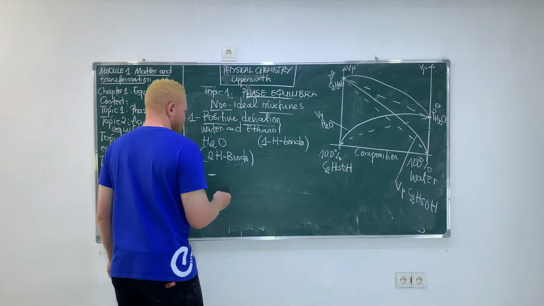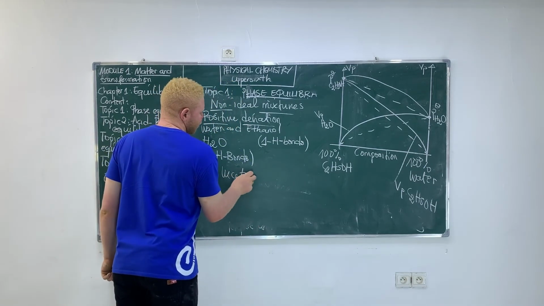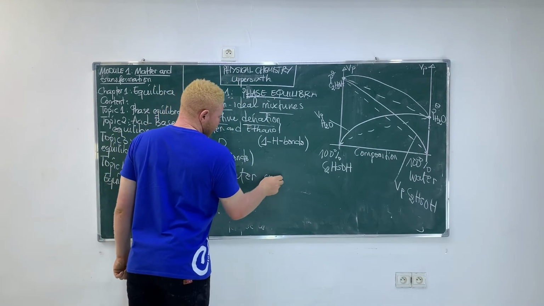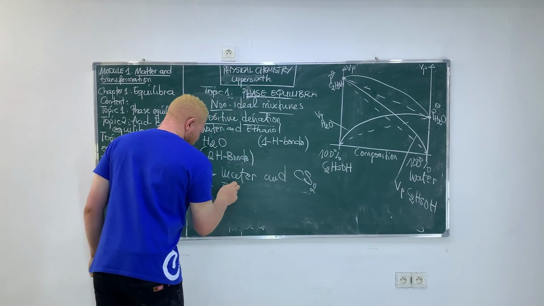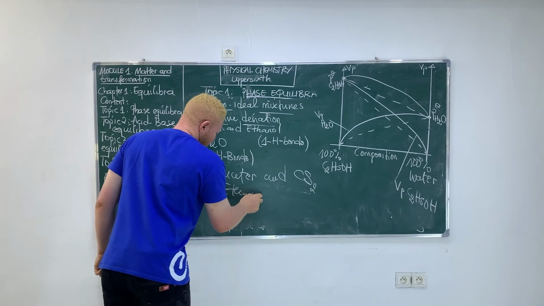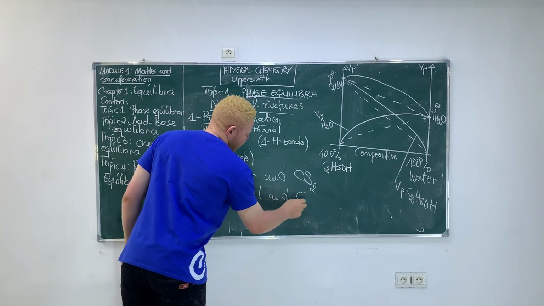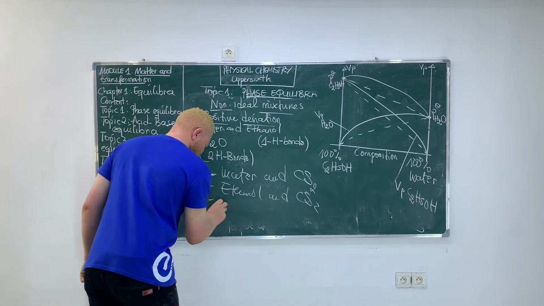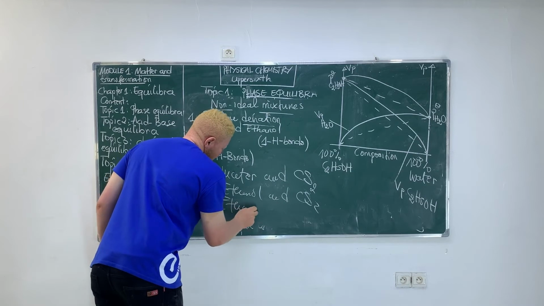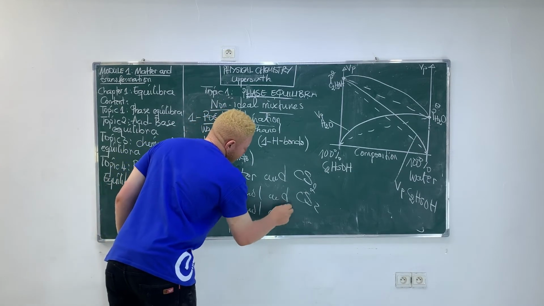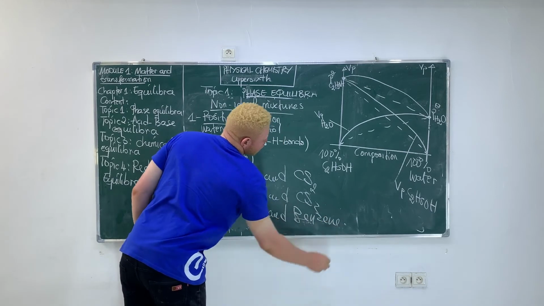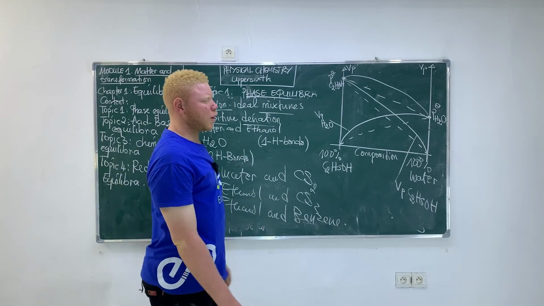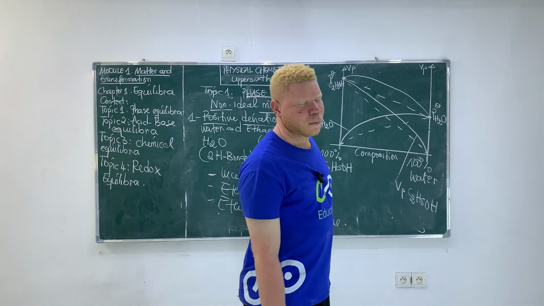Another type of mixture, we can have water and carbon disulfide, ethanol and carbon disulfide, ethanol and benzene. So these are some examples of mixture that deviate positively from Raoult's law.